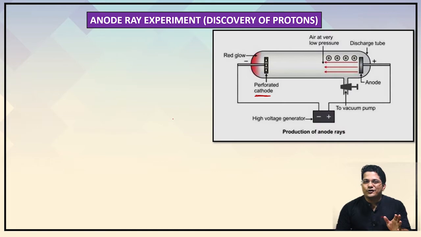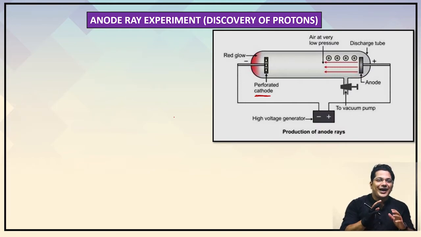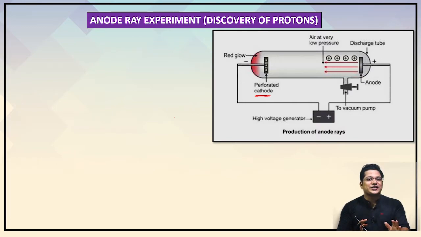While talking about cathode rays, you observe that your gas undergoes a process of ionization, because of which it gets a positive charge. Now these positively charged gas particles start moving towards the cathode, and are referred to as anode rays.